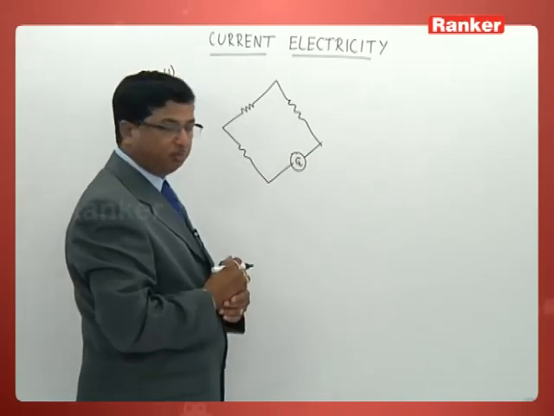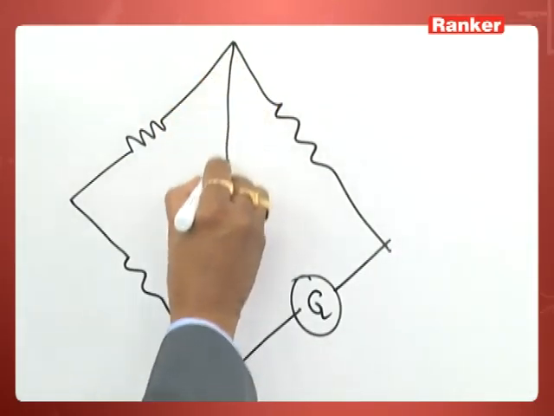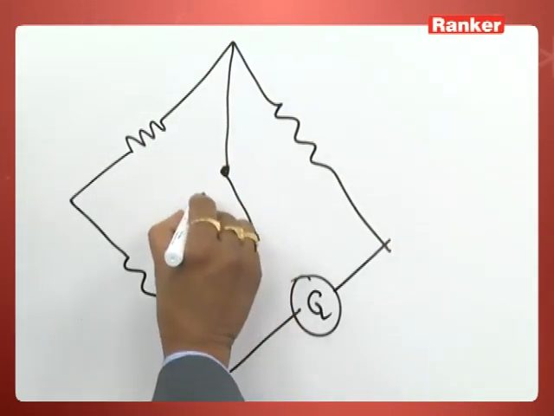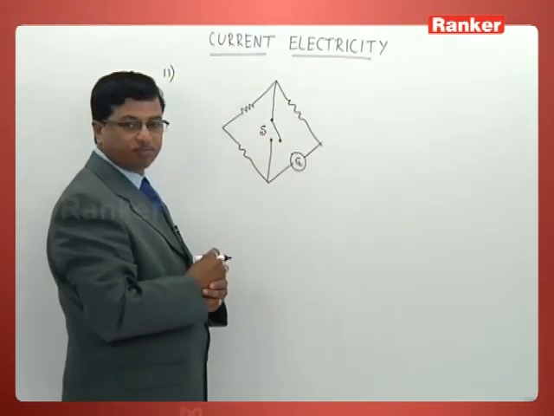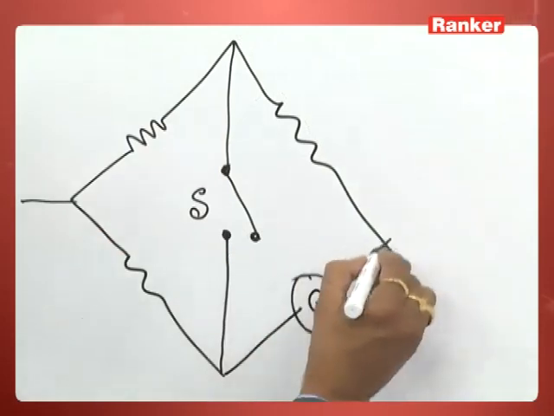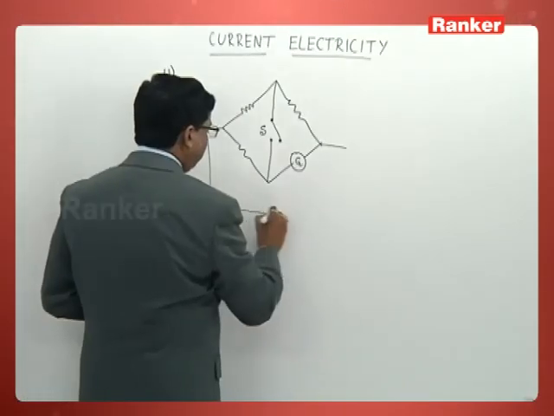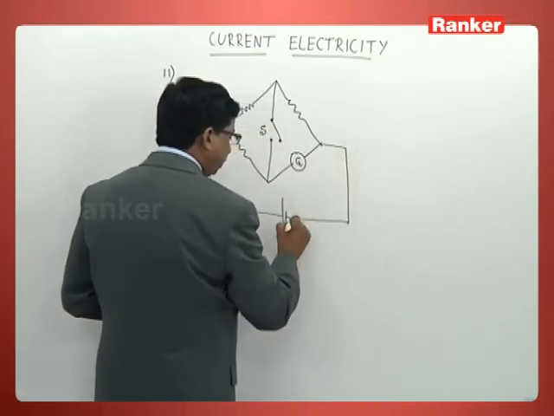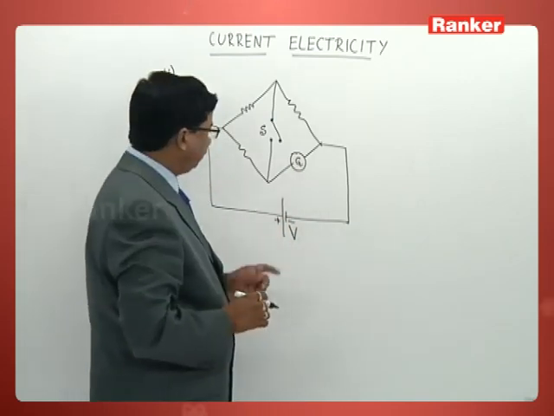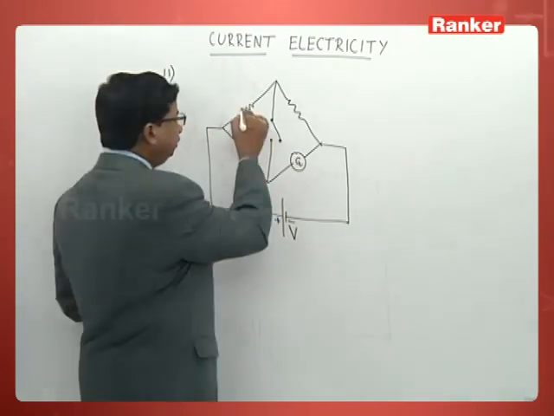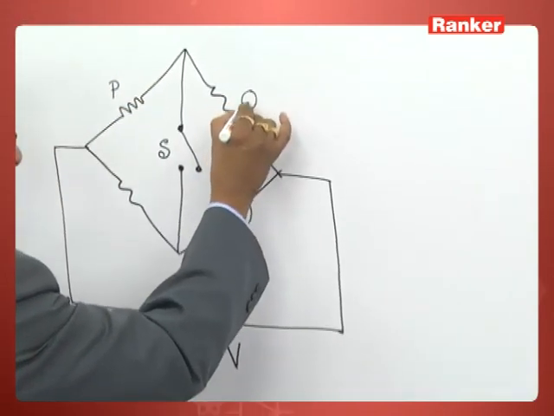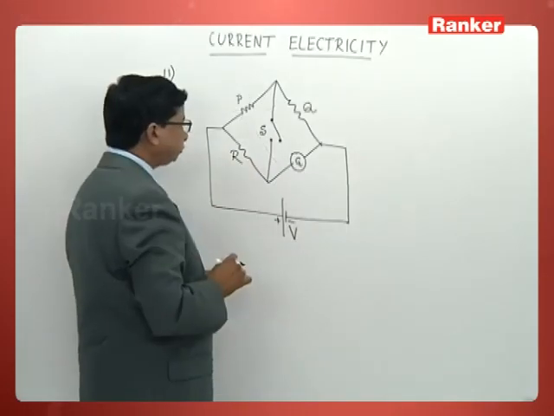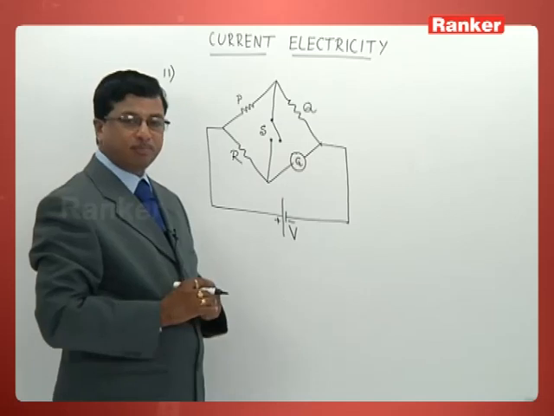And of course across these two there is a tap key, given as S. These two ends are connected across a cell which can provide a potential difference V. This is P, this is Q, and this one is R. So this is the circuit given.